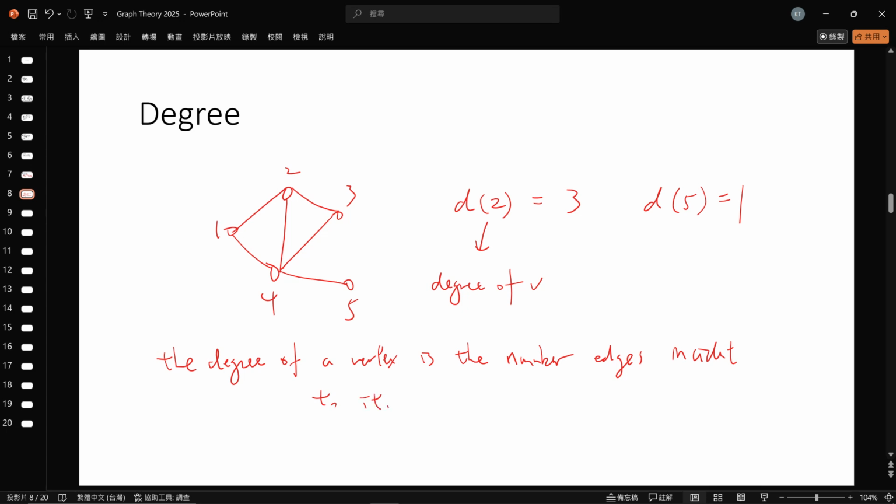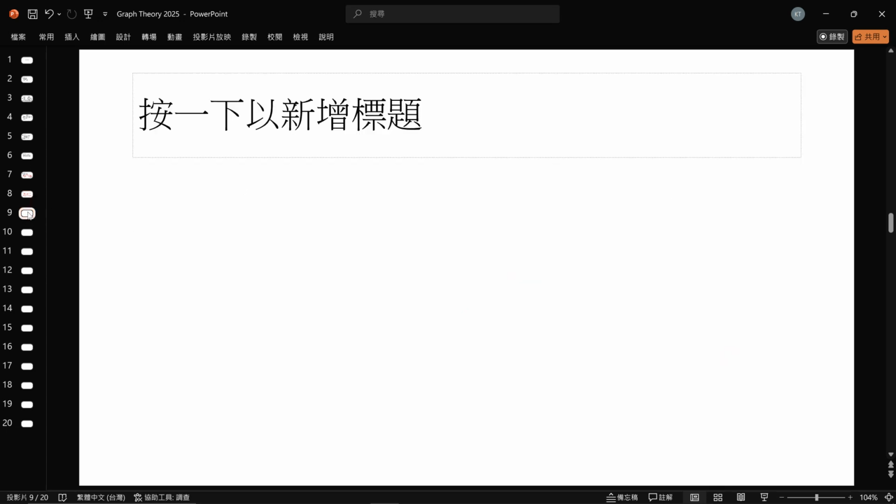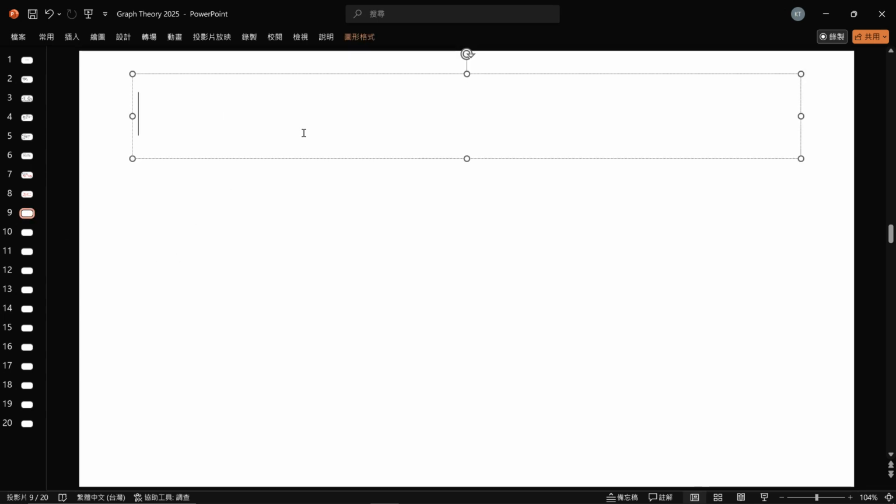To find the degrees, you just count the number of neighbors or the number of edges incident to the vertex. Okay, so that's degrees. All right, so for degrees, we can have some simple properties.